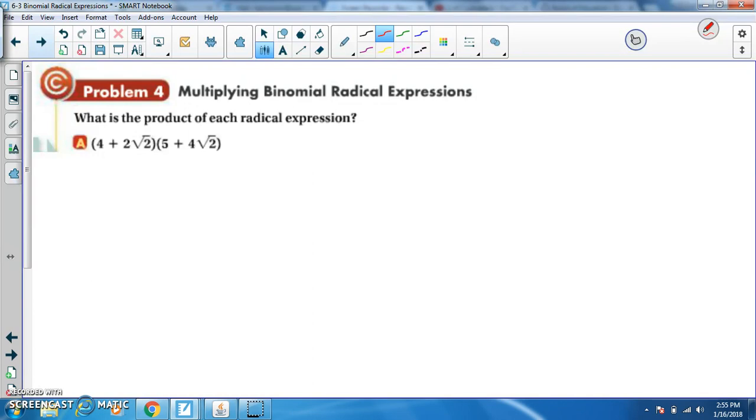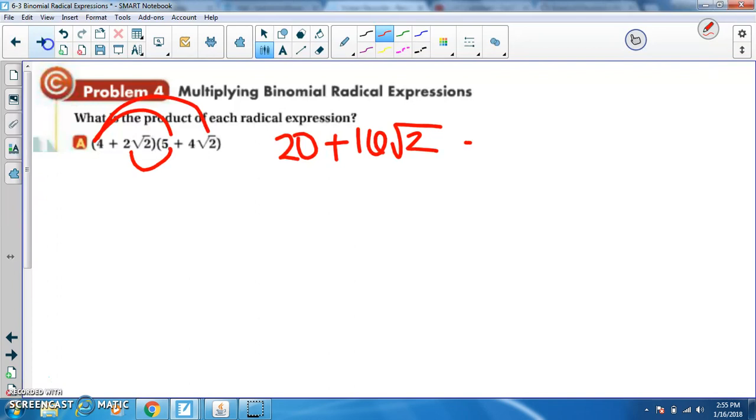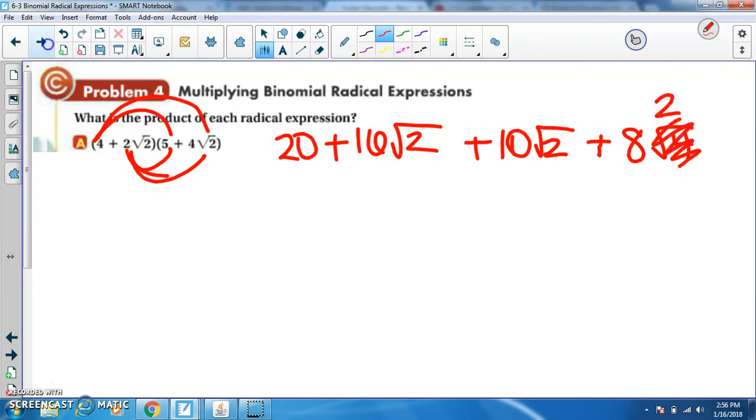Multiplying binomial radical expressions. If we have 2 binomials, we need 2 FOILs, so 4 times 5, 20. 4 times 4 root 2 is plus 16 root 2. 2 root 2 times 5 is plus 10 root 2. 2 root 2 times 4 root 2 is plus, we multiply outsides and insides, 8 root 4, but root 4 is really 2, so 8 times 2 is 16.